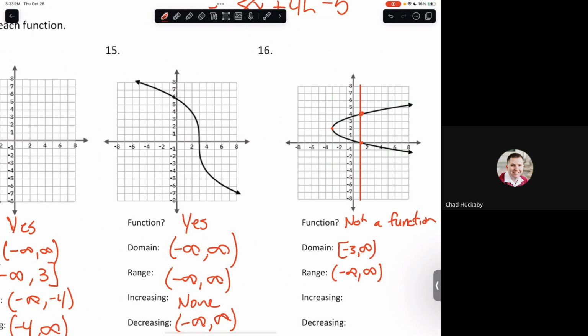And this point right here determines where the increasing and decreasing is. So it's increasing from -3 to infinity, but it's also decreasing from -3 to infinity on the same interval.